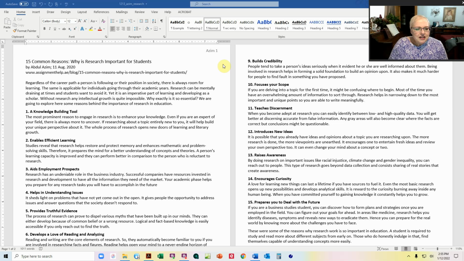The second point is that it enables efficient learning. By that, it says here that it restores and protects memory, and it can enhance your mathematic and problem solving skills. I'm a really good researcher, but I don't know how it affected my math. I'm not that great a mathematician, but I certainly understand that it makes it easier for me to learn.